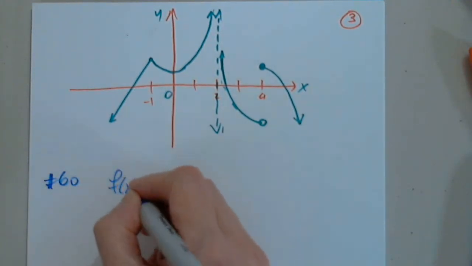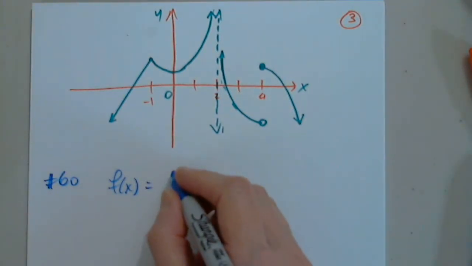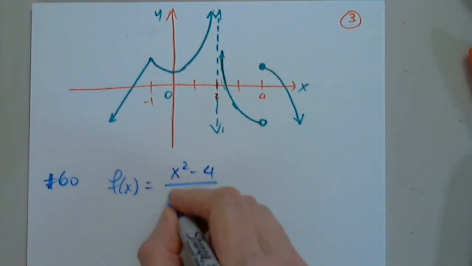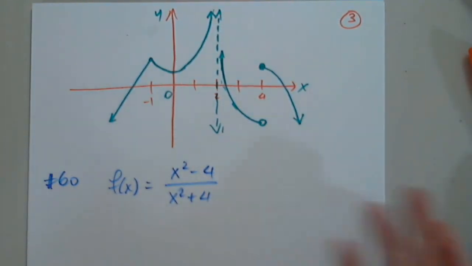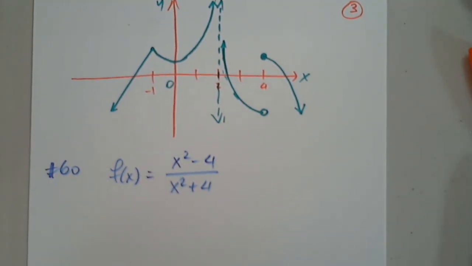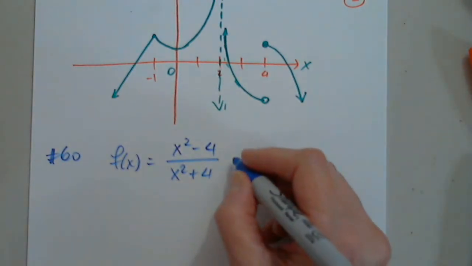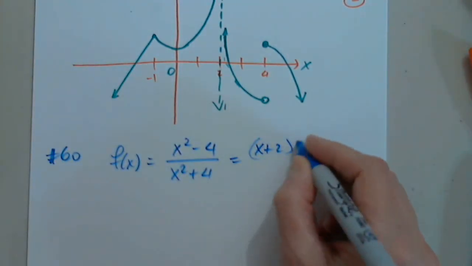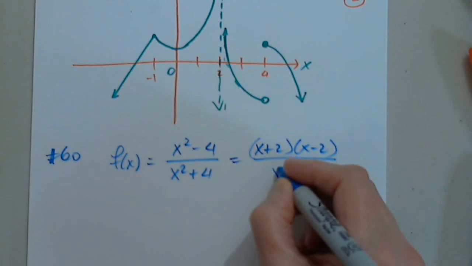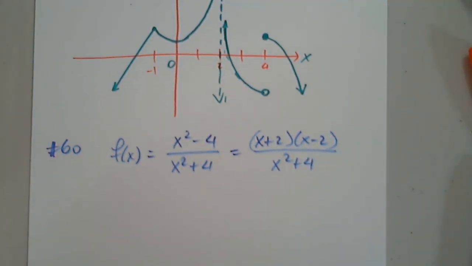For 60, since we had a rational function already, but it's fine. Let's do it. X squared minus 4 over x squared plus 4. I wanted to show at least one type of each, a different type. But if you picked 60, maybe you picked it for a reason. Okay, let's do it. I look at 60, and the first thing I do, I realize that this function has what domain?